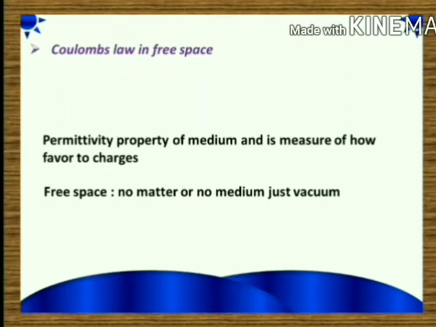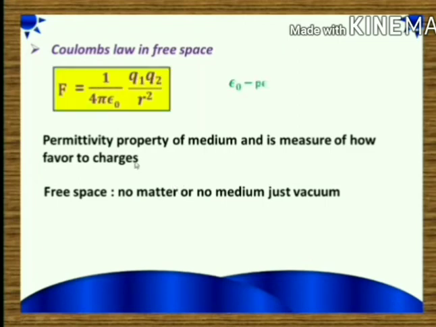This is the formula which you have to use to calculate the force when two charges are kept in vacuum. That means there is no medium surrounding the charges. Here permittivity is a property of a medium that measures how favorable the medium is to the charges.